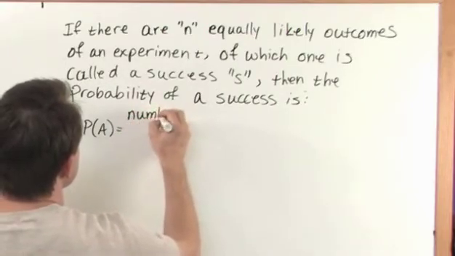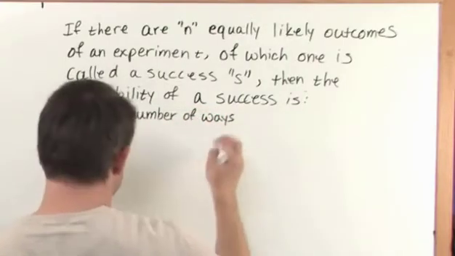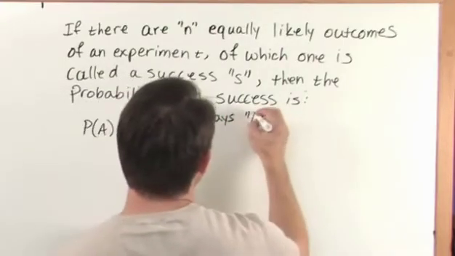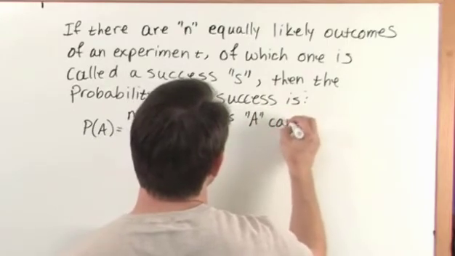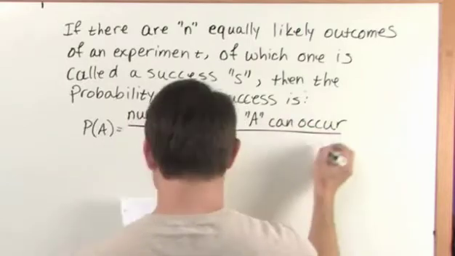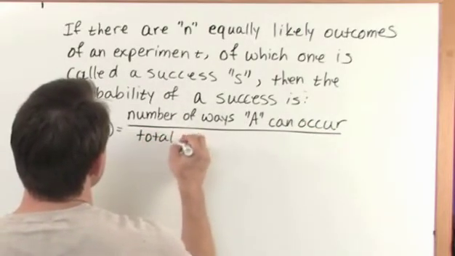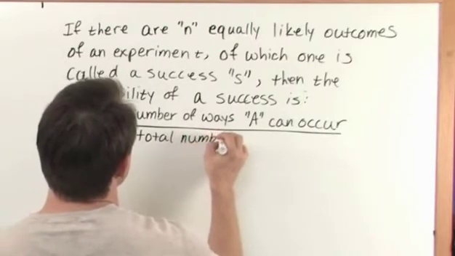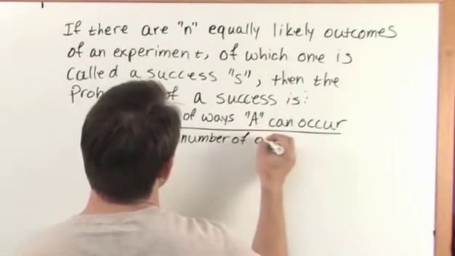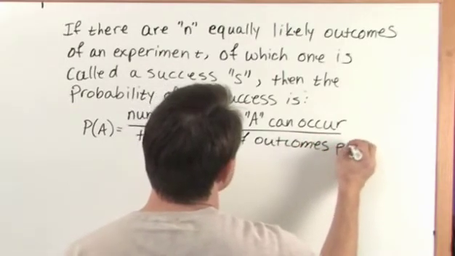the number of ways my event A can occur divided by the total number of outcomes possible.